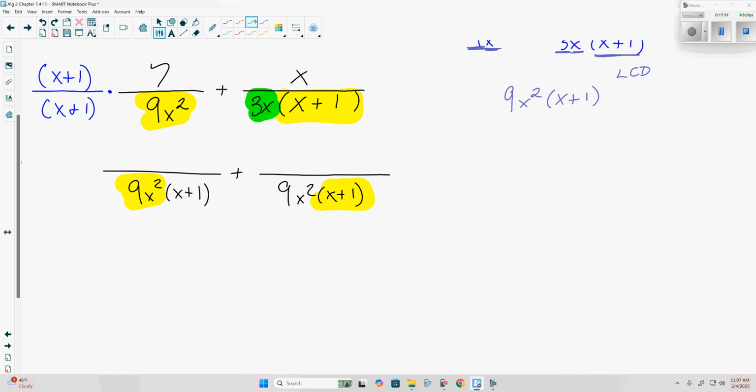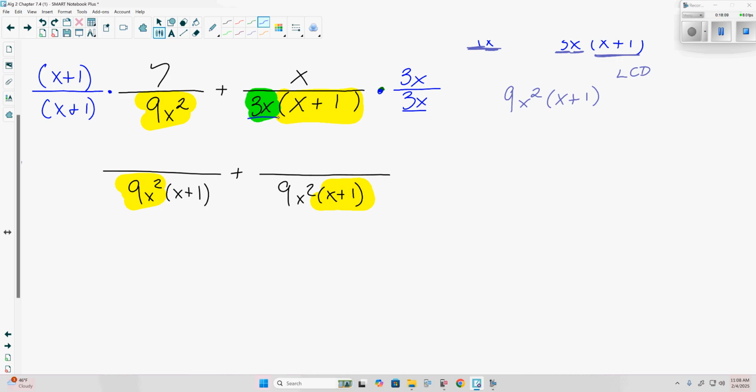So we need to multiply this on top and bottom by something that would take it from 3x to 9x squared, which will be 3x. All right, guys. Because here, 3x times our 3x, since they're not inside parentheses, we can multiply them in front. 3x times 3x, 3 times 3 is 9. X times x is our 9x squared. So we have the denominators the same.